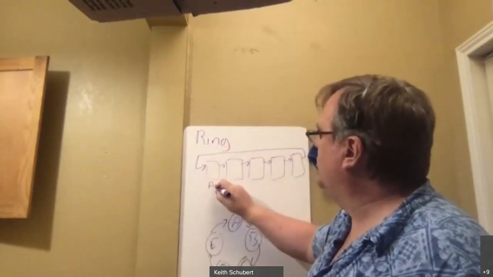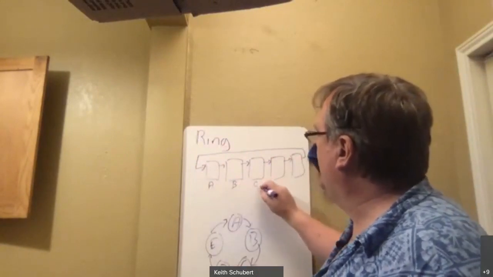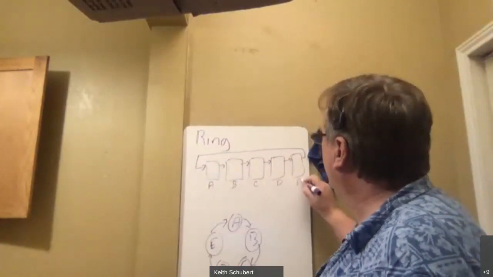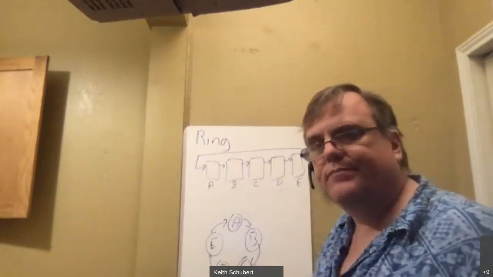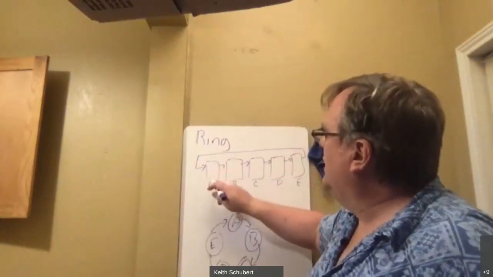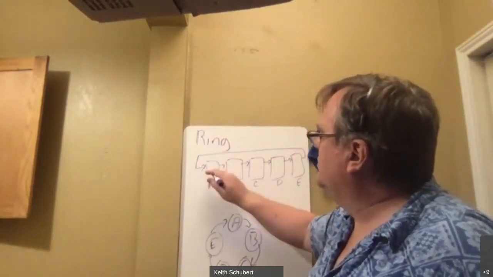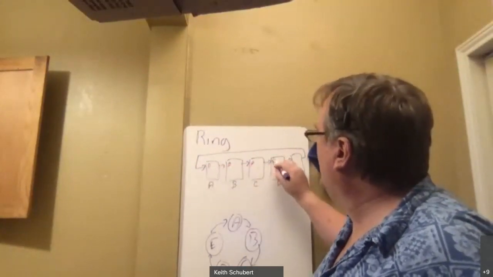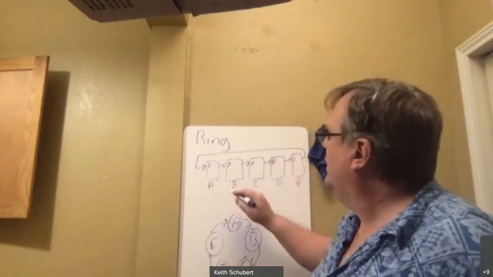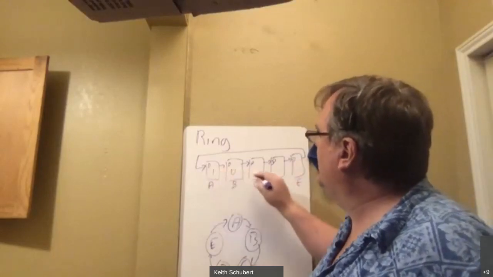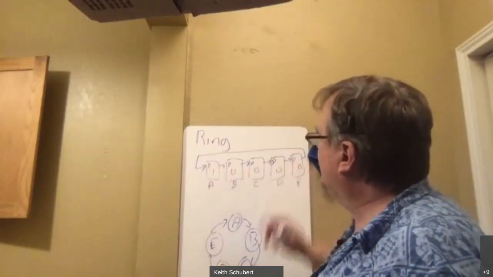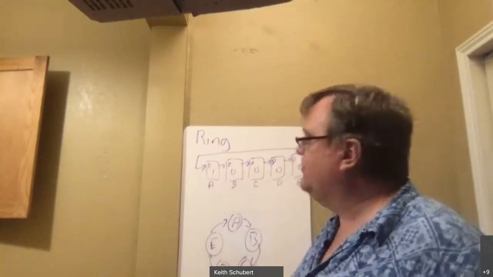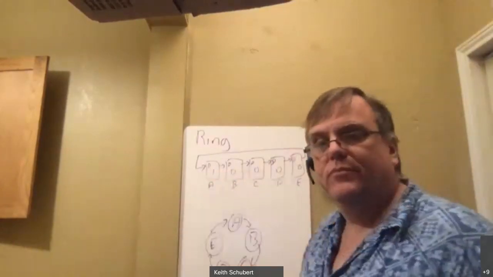So let's say this is the one that holds A, and this one holds B, this holds C, D, and E. Now this is a D flip-flop. Actually, all of them are. And so if this is a 1 and these are all zeros, to count to the next state, all I have to do is shift right.